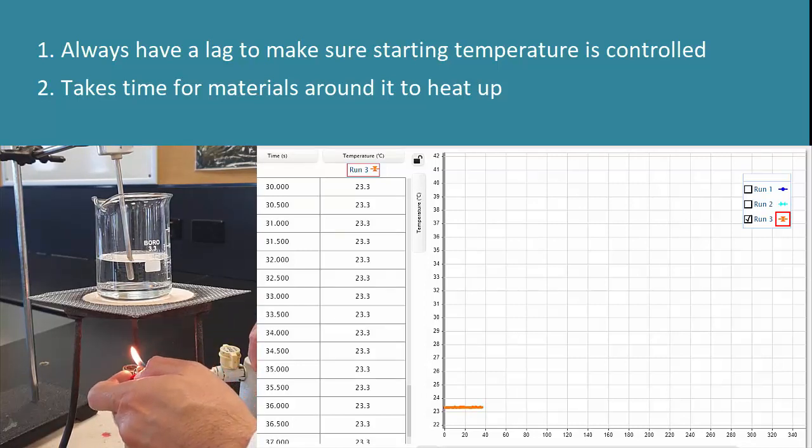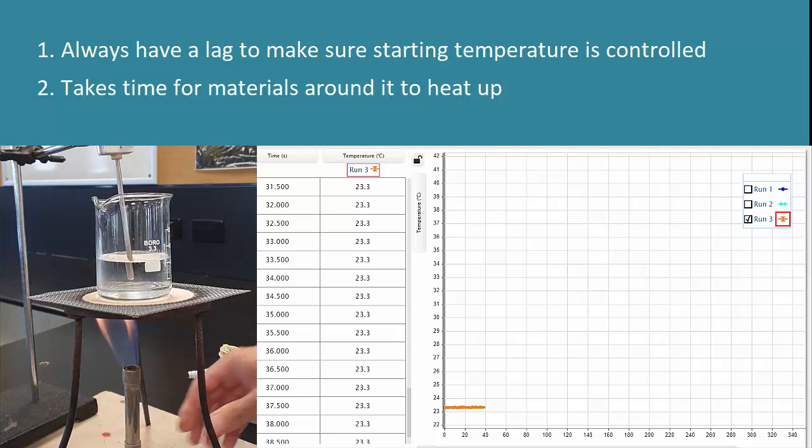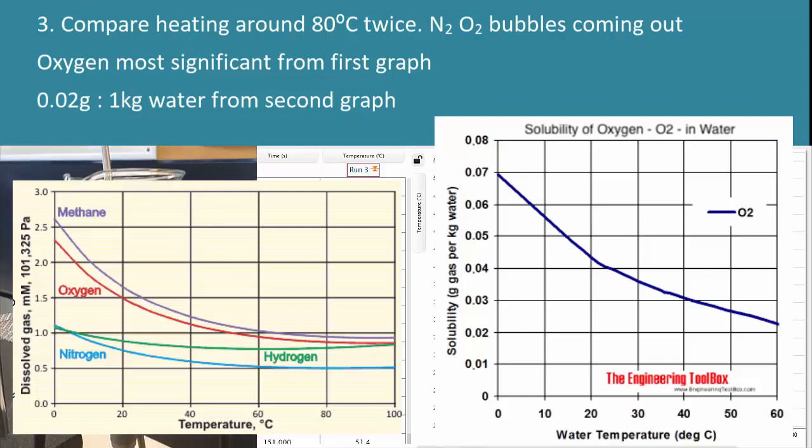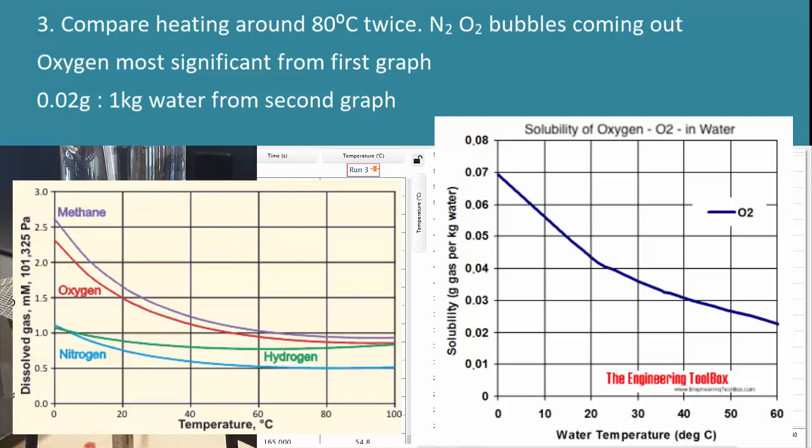The second thing to do is make sure that temperature is controlled and you know it's controlled. The second thing to note is that the little tiny bubbles are from nitrogen and oxygen. You can see from the first graph that the most significant thing is probably going to be the oxygen that comes out.